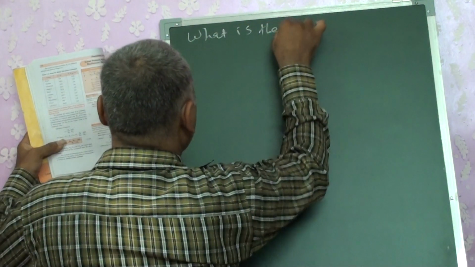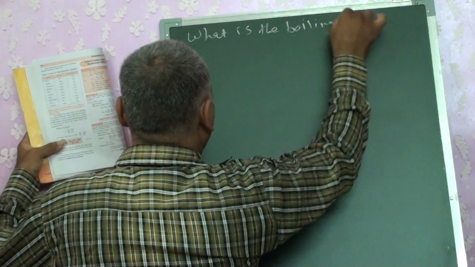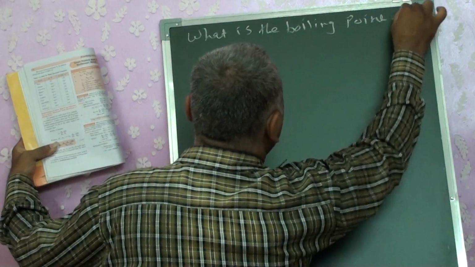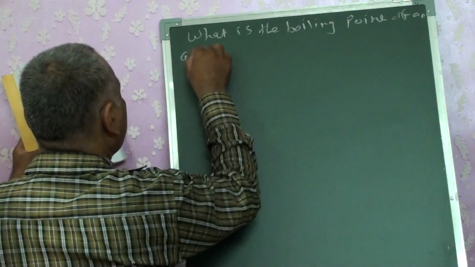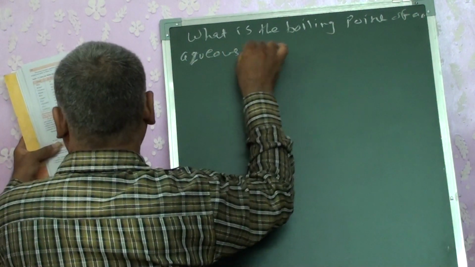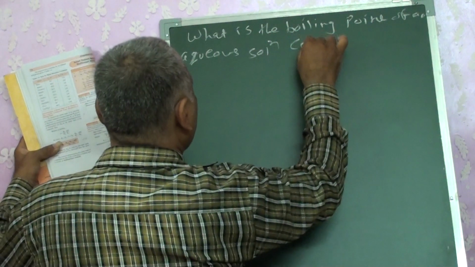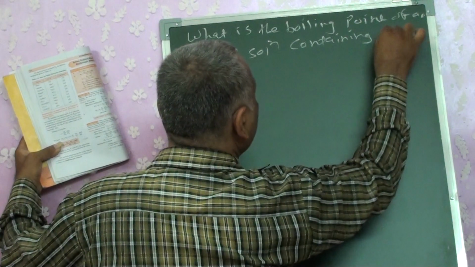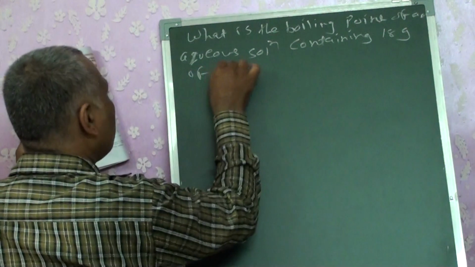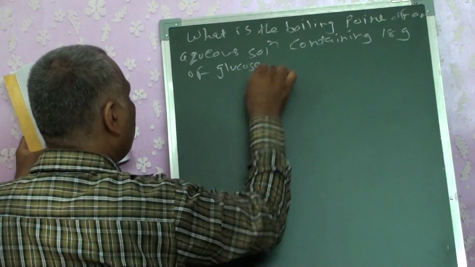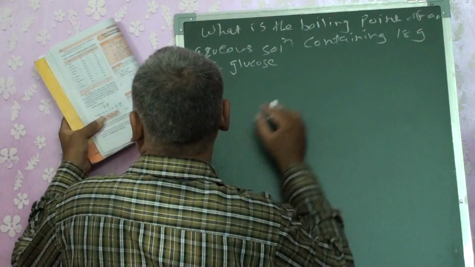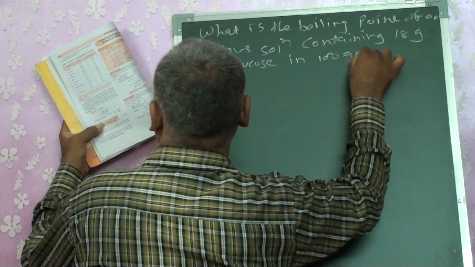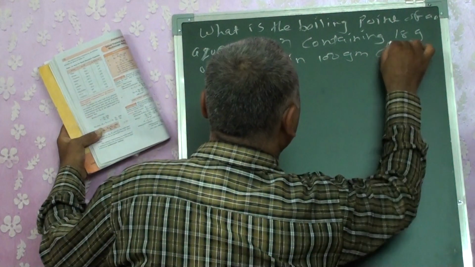What is the boiling point of an aqueous solution containing 18 gram of glucose in 100 gram of water?